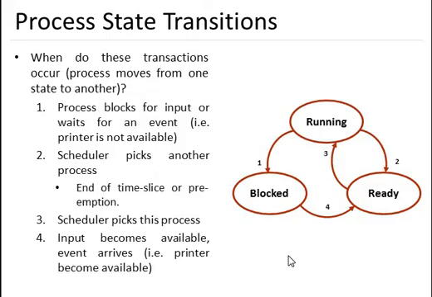Okay, if a process is blocked and once it gets all needed resources, then compulsorily it will transfer to ready state, and after ready state the scheduler will pick that process and the CPU will be allocated to this process.